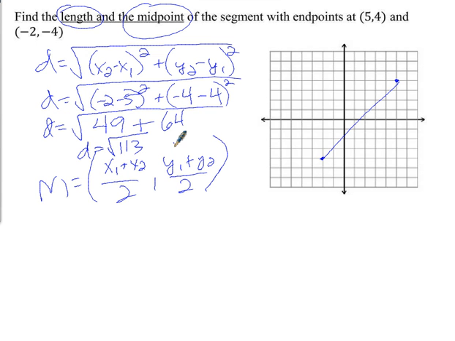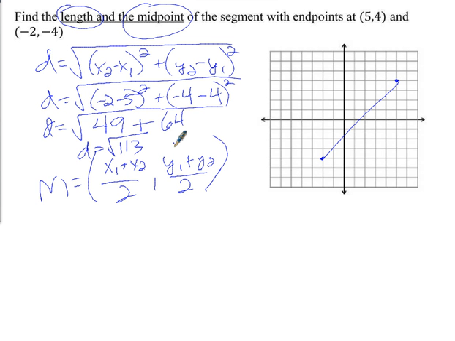Is there a perfect square that goes into that? How do you know? Well, 113 isn't in the list, but is there a perfect square that goes into 113? No. 2 doesn't go into it, 3 doesn't go into it, 4 definitely won't, 5 won't, 6 no, maybe 7?